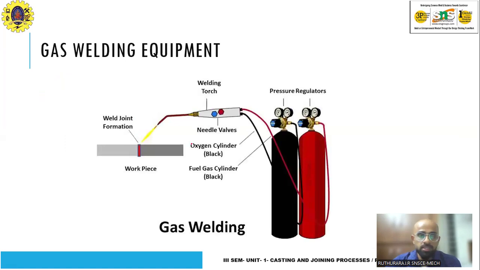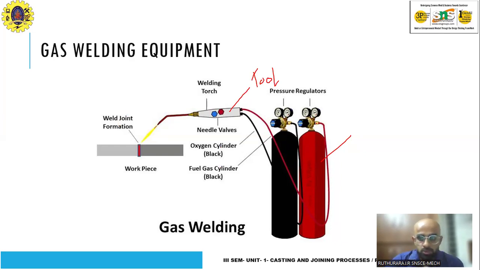As you can see here, this is your source of heat, and this is your tool, the welding torch. What the welding torch does is it focuses the heat. The two gases are combined in the welding torch and provided in the form of a flame through the nozzle.